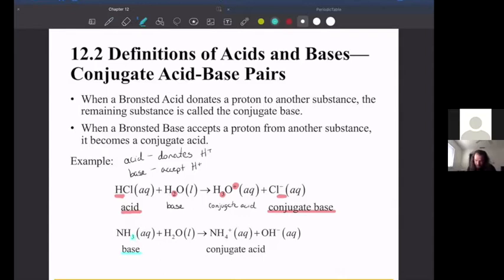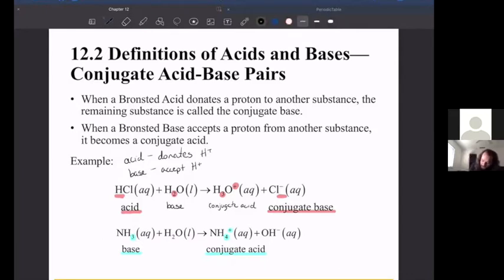So it goes from being NH3 to NH4, and now has a positive charge. Each base, we said, has a conjugate acid. That's the form after it accepts the proton. Right, so just notice the difference between our base ammonia and its conjugate acid, the ammonium ion.